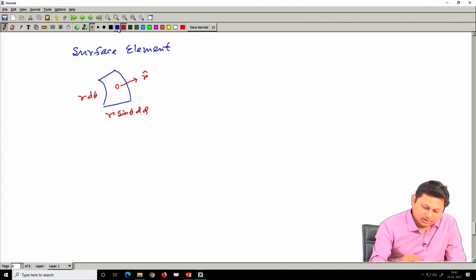Another surface one can consider like the side one, and along this direction this is the phi unit vector. So this length is dr and this one is r d theta.